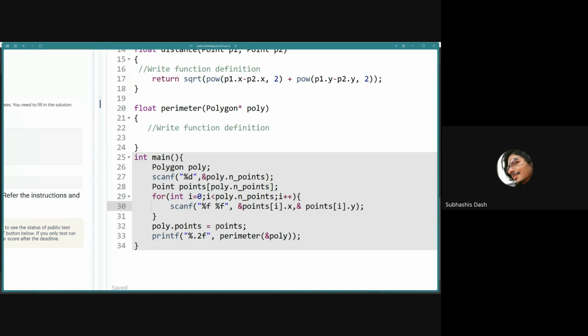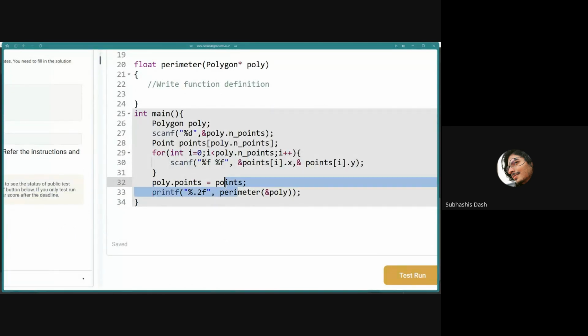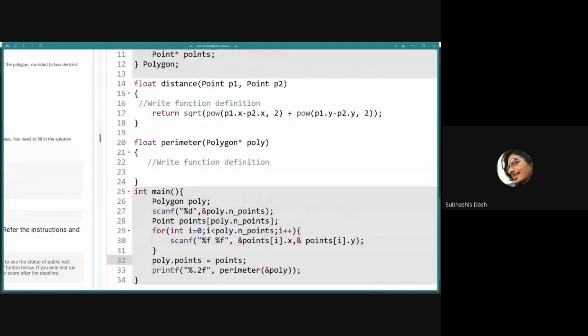After we have finished scanning, we are setting poly dot points to points. And after that we are simply using the perimeter function to get the perimeter of the polygon.